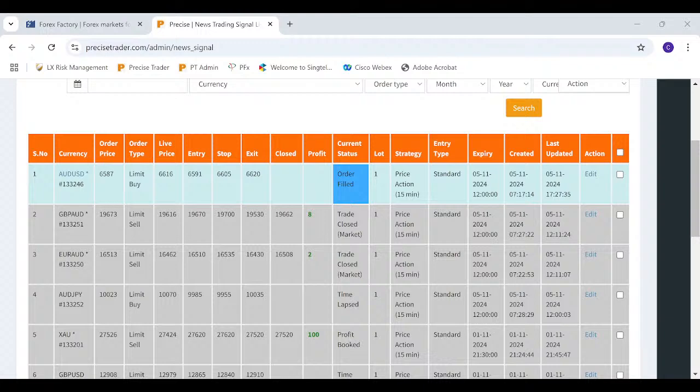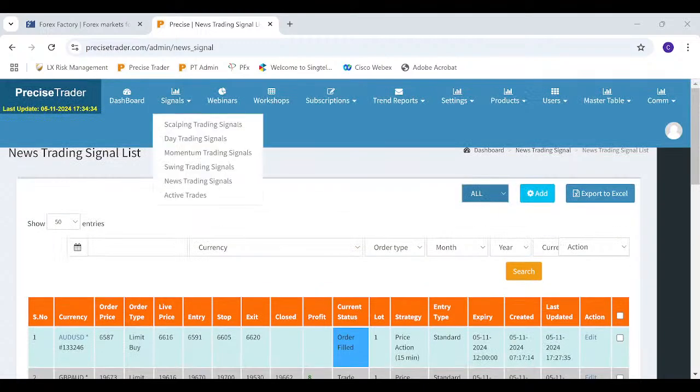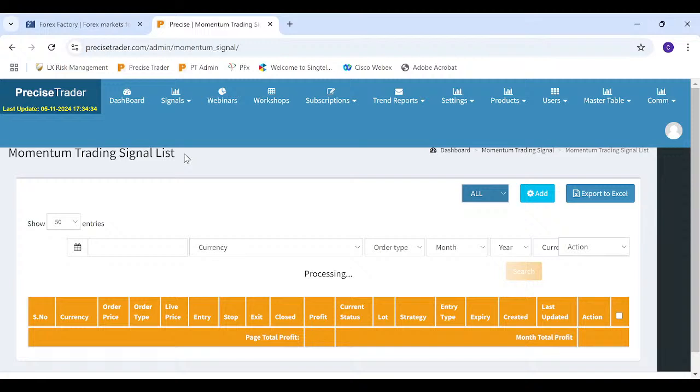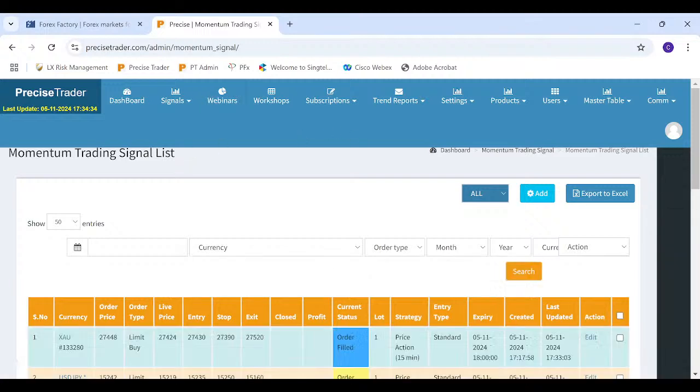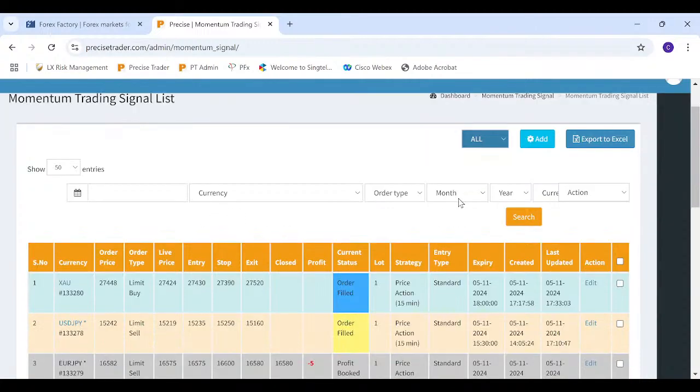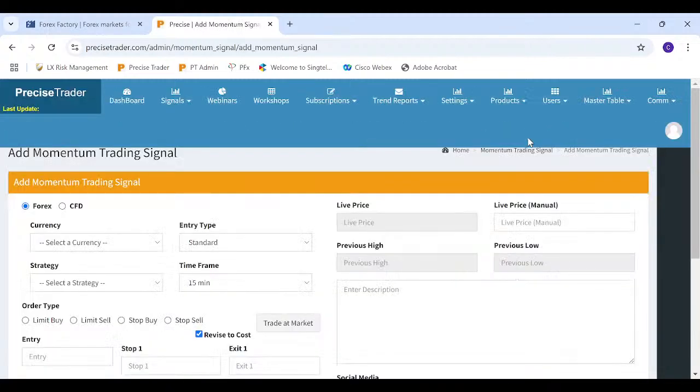Okay, so here we are trying to. This is going to be a momentum trade, and we are trying to sell dollar Swiss.